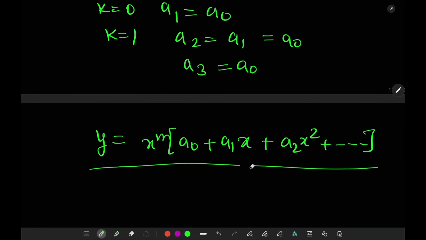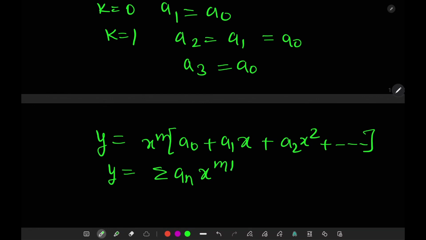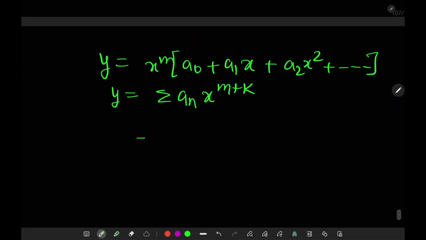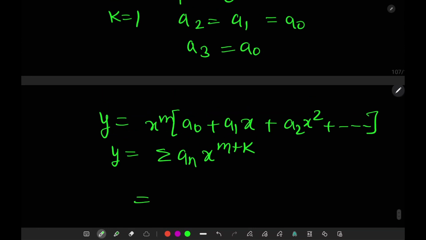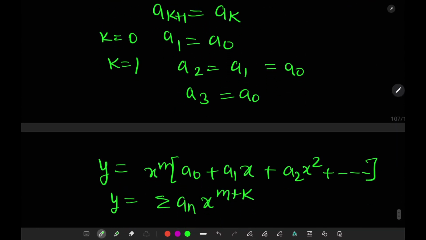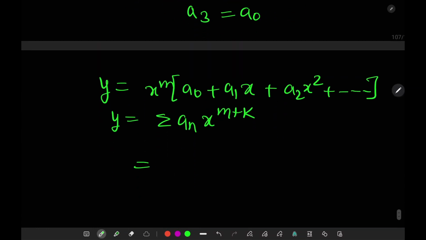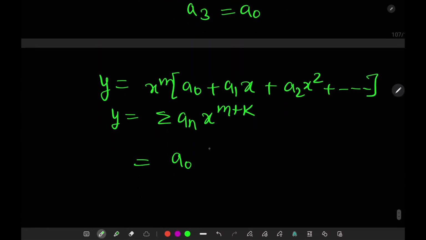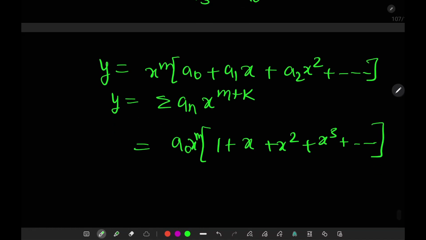This is the initial equation which we use. y is equal to summation a_k x raised to power m plus k. So here in this equation we get all values equal to a naught, so we can take a naught common and we can write y is equal to this, up to so on.